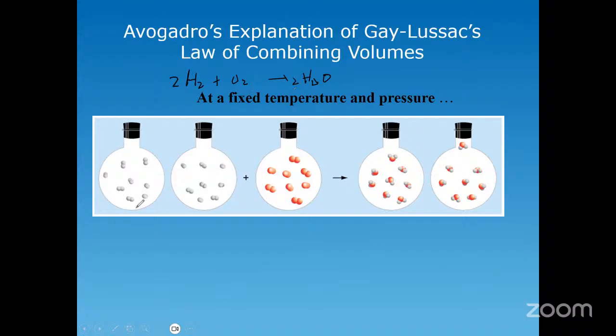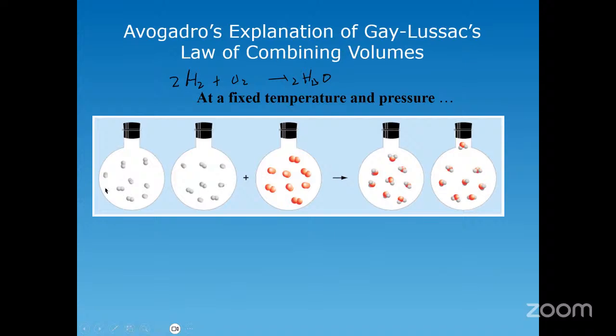And in this particular diagram here, you have 2 moles of hydrogen, 1 mole of oxygen to form 2 moles of water. All right. Now the same will be true for the volume. At a fixed temperature, the volume ratio will be the same, right? So the assumption is that these flasks all have the same volume. So therefore, whatever the volumes of these 2 here are, they're the same.